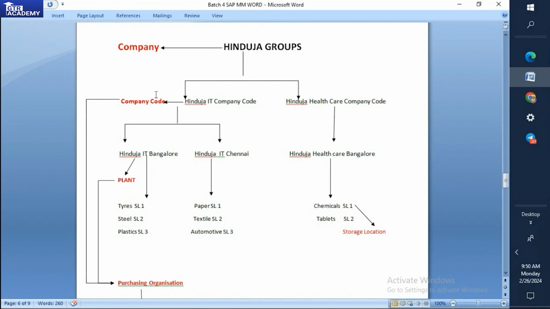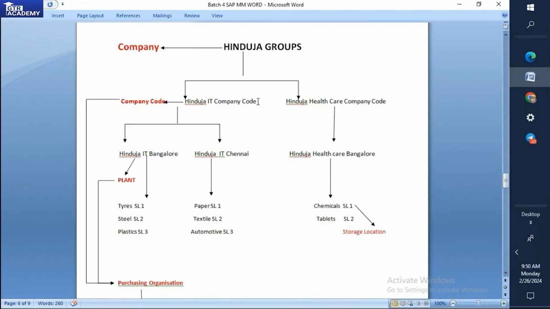Under the company, it's not only two company codes in one group; there can be multiple company codes. I've just given you two company codes as an example. There can be multiple company codes in any company or client. All the company codes maintain their profits, accounts, and balance sheets according to their domain.